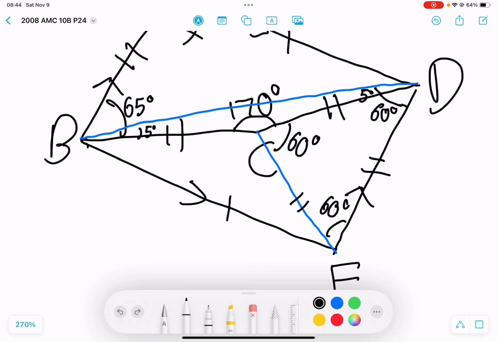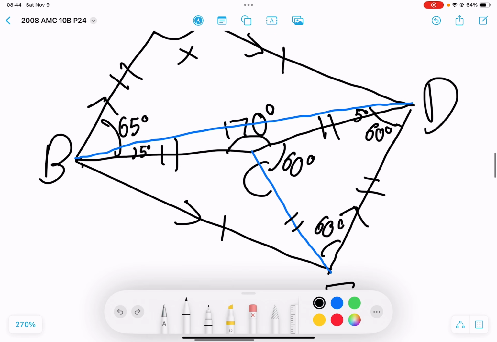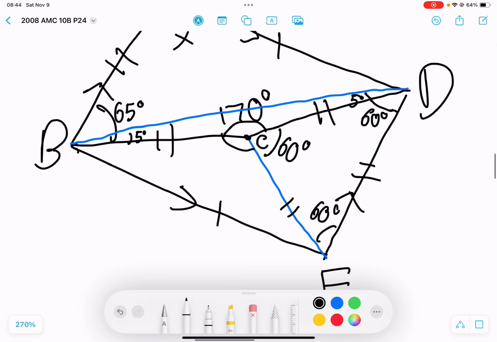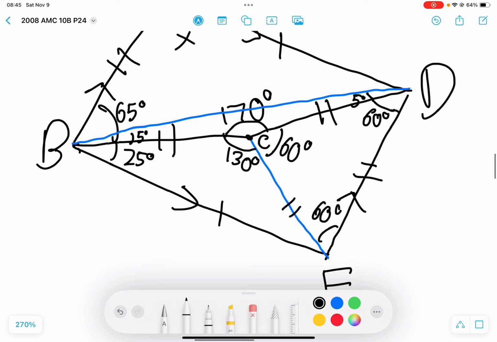And we also know that this angle here, angle BCE, is 360 minus 60 minus 170. 360 minus 60 is 300, so this is 130 degrees. So the two base angles are 25 degrees each.